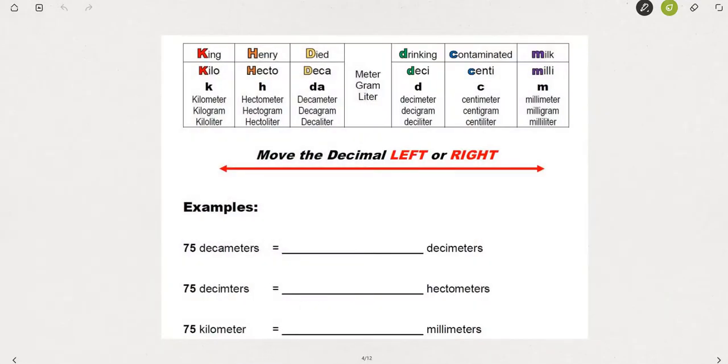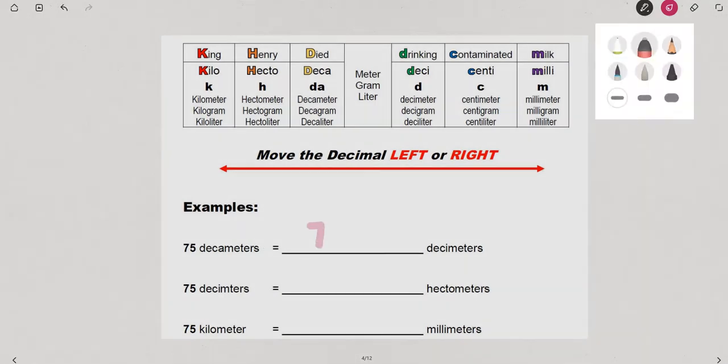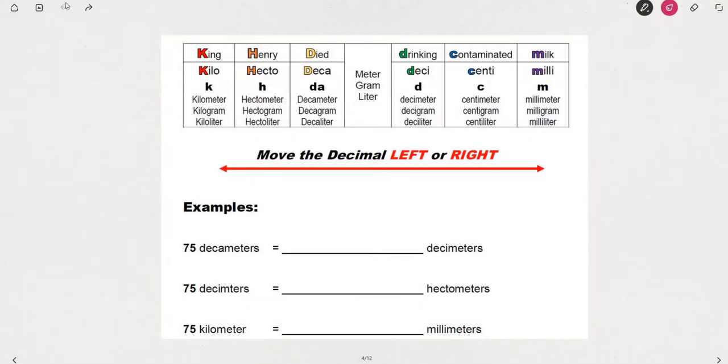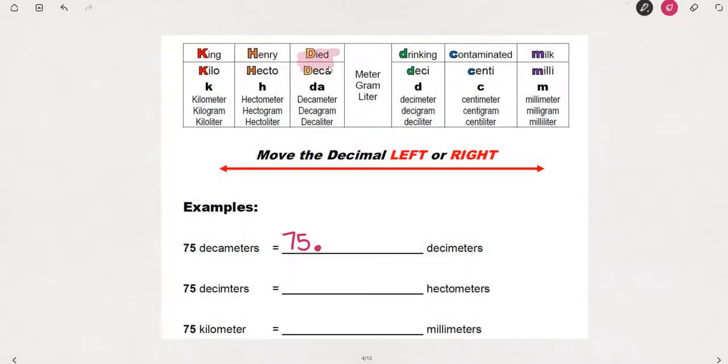Here's how the system works. We're going to start by writing the number we have, in this case 75, and we're going to put this implied decimal after the 75. If we're going to go from a decameter to a decimeter, we have to count how many places that moves.